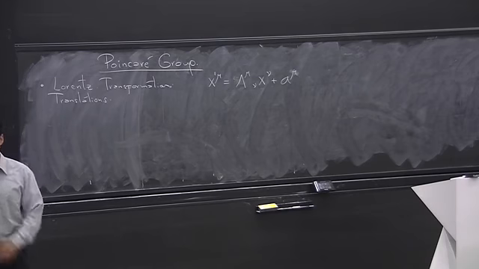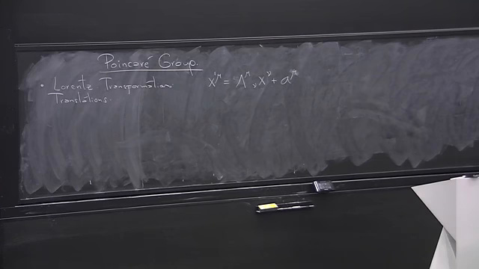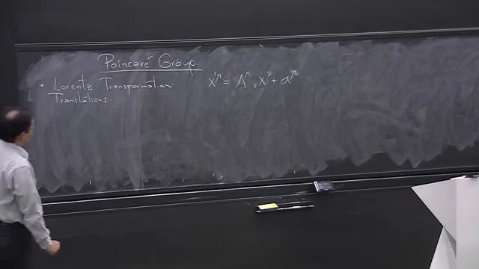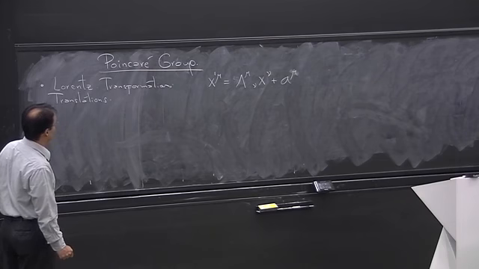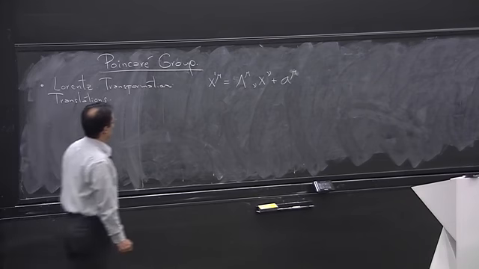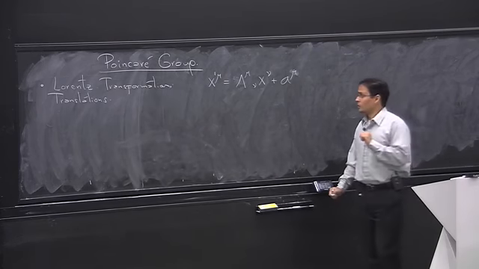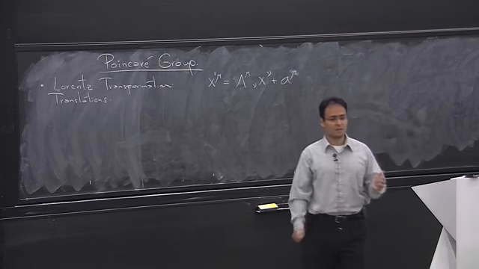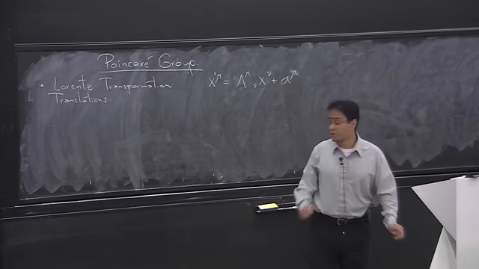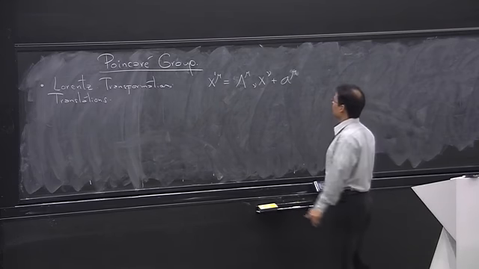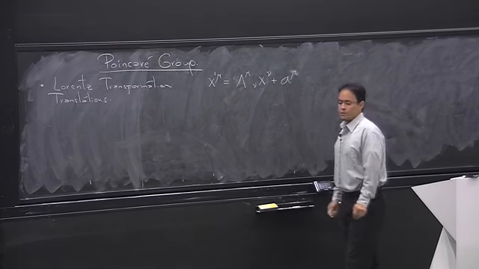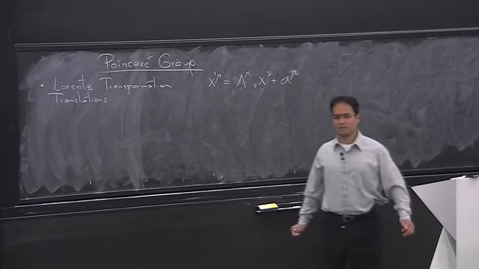So being a group, you found that it has a product structure. It also has an inverse. Okay? But today, we want to study more than that. We want to go into the structure of the Poincaré group and the Poincaré algebra. So the goal is to understand what the Poincaré algebra is. So what would be the first step? Remember what we did yesterday.